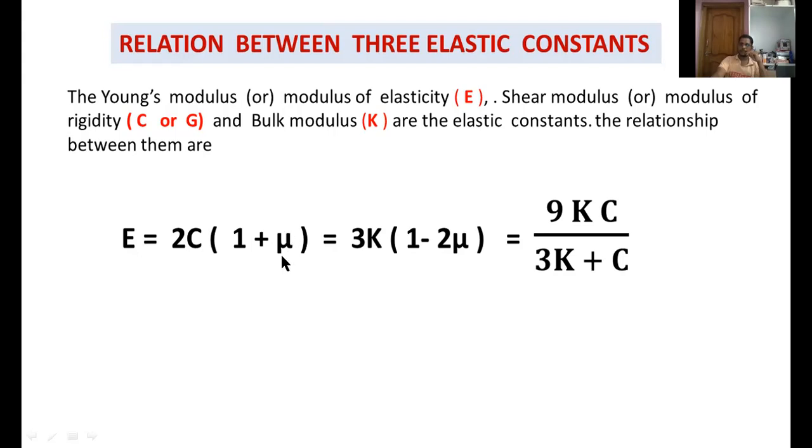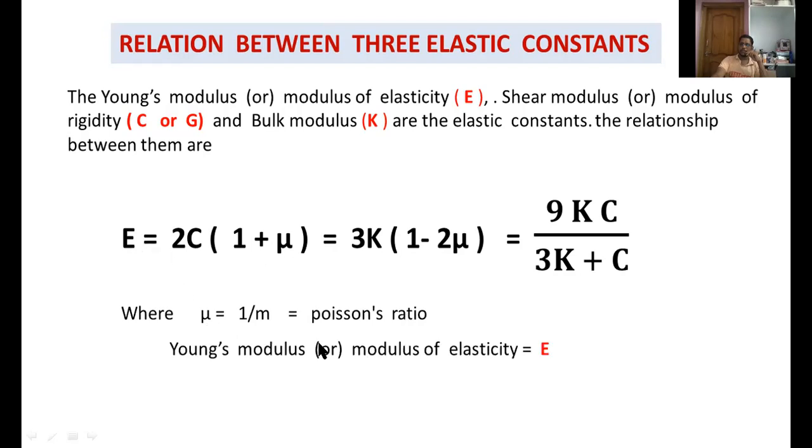Mu or 1 by m is the symbol of Poisson's ratio, where capital E is the Young's modulus or modulus of elasticity, and C is the shear modulus or modulus of rigidity.